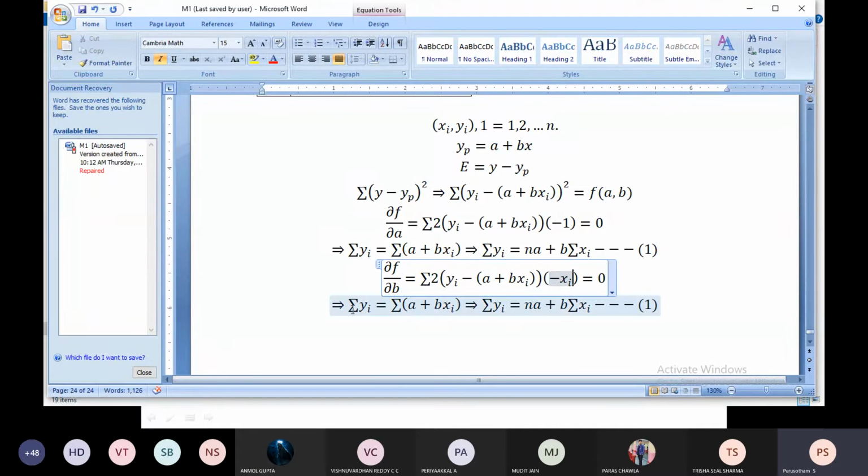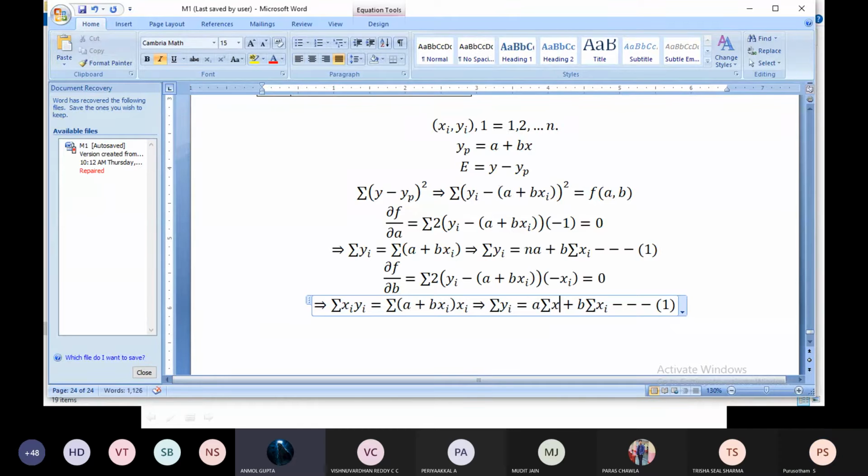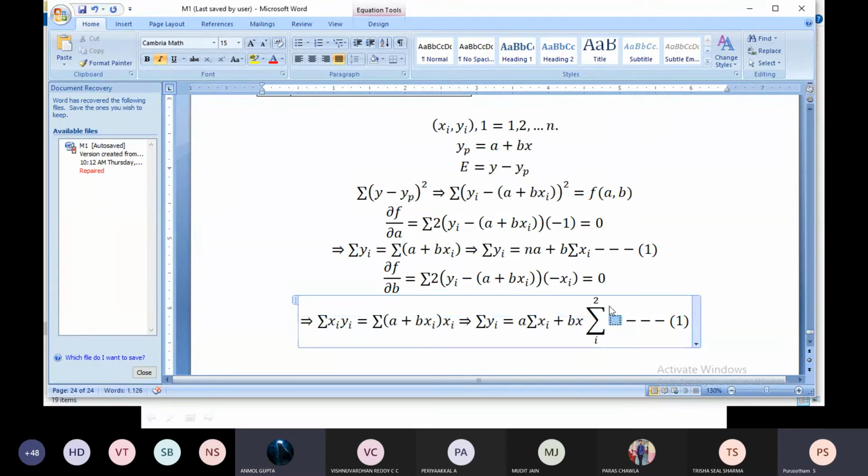So sigma xi yi is equal to a sigma xi plus b sigma xi into xi, that is xi square.